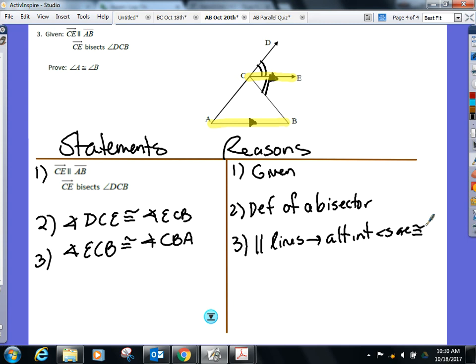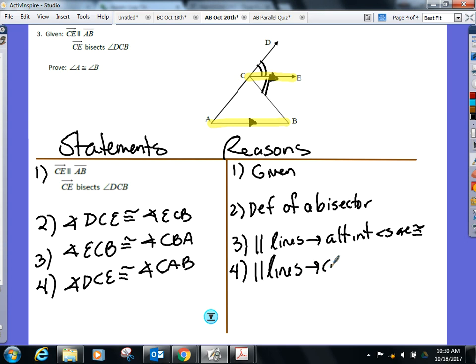There's one more pair up there, and this is a little bit tougher to see. All right, take a look at angle DCE and angle CAB. Take a look at those angles right now. Those angles are both on the parallel lines cut by the same transversal ACD. Those are corresponding angles.